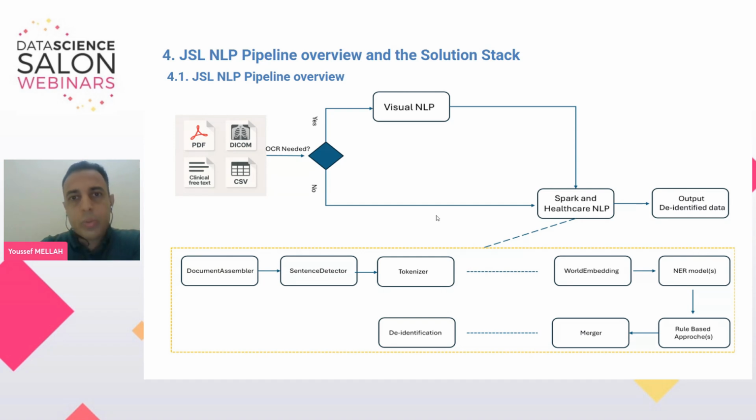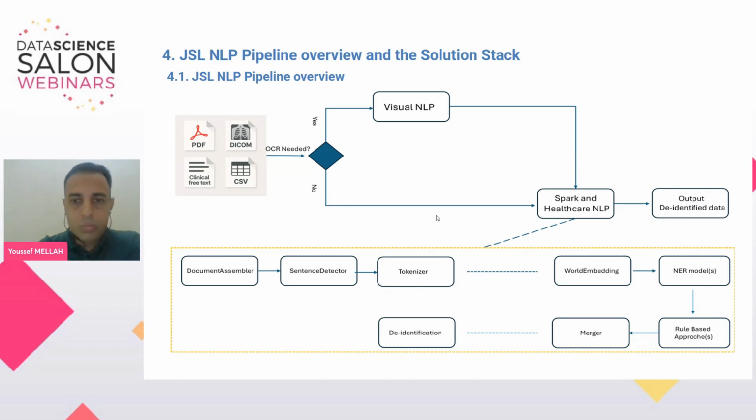After that, we can feed the text into Spark and the healthcare NLP. Or if we have free text, like clinical free text, we can just feed the text into the Spark NLP healthcare pipeline to detect the PHIs, and after that to identify the PHIs.